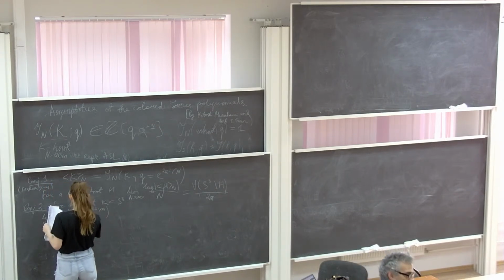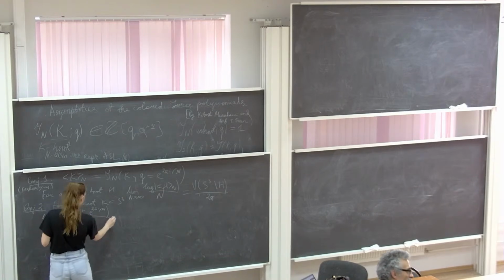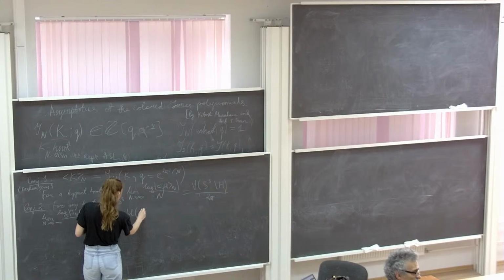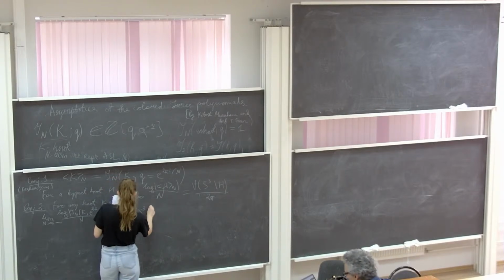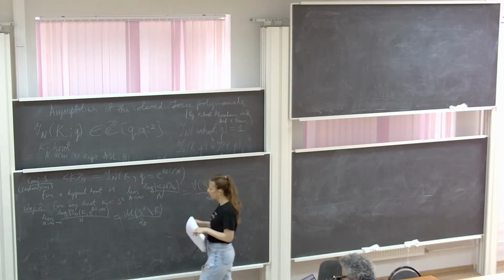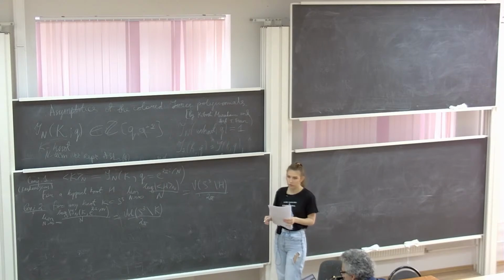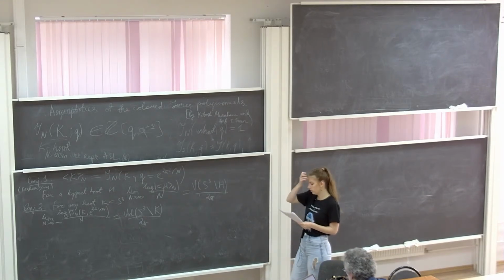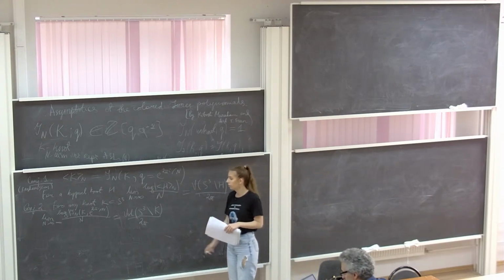And the conjecture is that this asymptotics is just the volume, where here I mean the simplicial volume, or the Gromov norm, of this manifold.